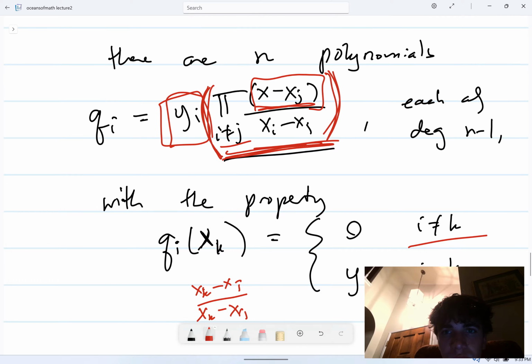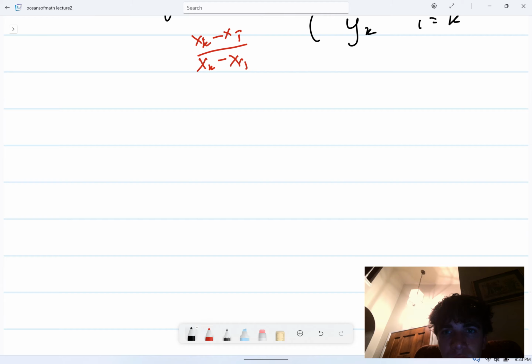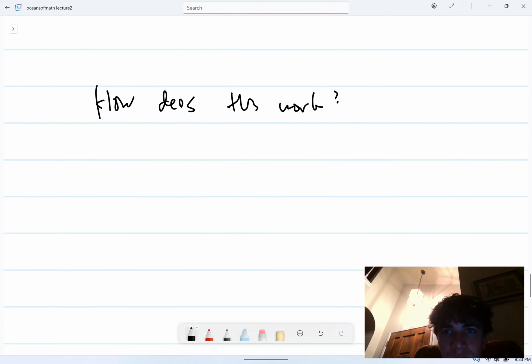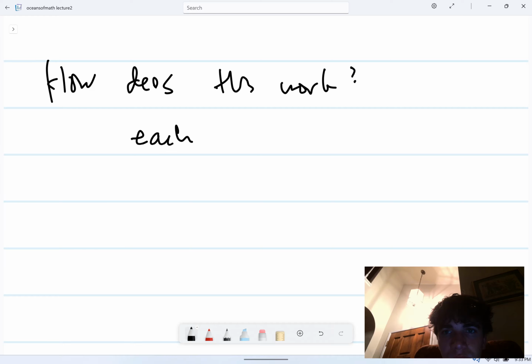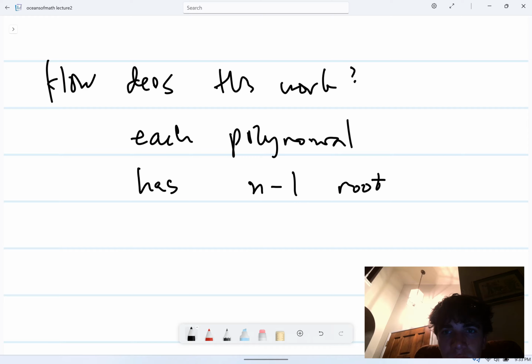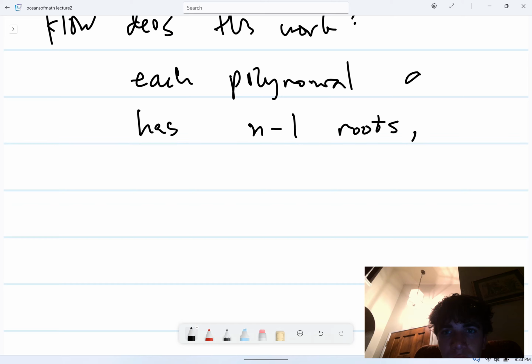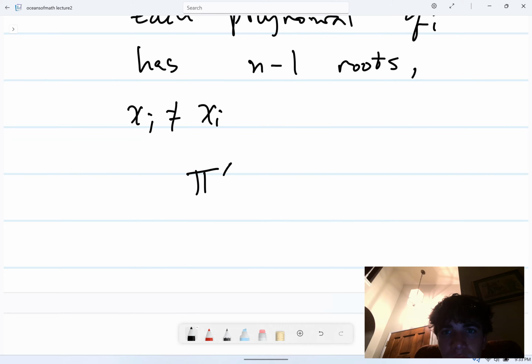All right. So how does this work? Each polynomial q sub i has n minus 1 roots, which are exactly the x sub j not equal to x sub i. And so this is where the product of x minus x sub j over j not equal to i comes from.